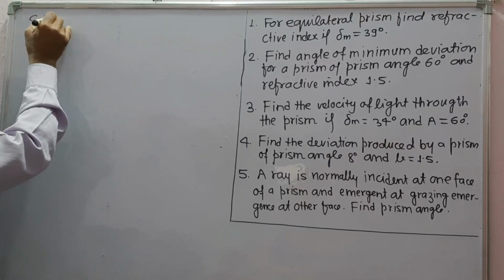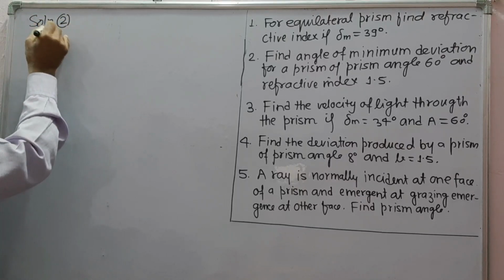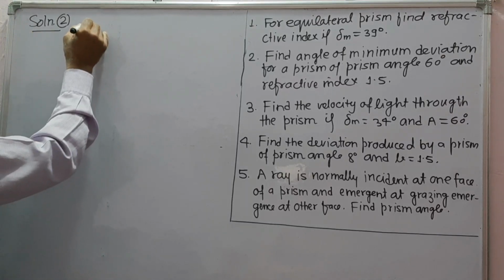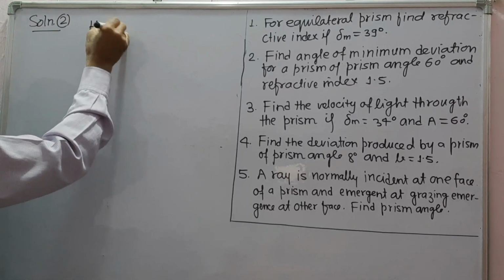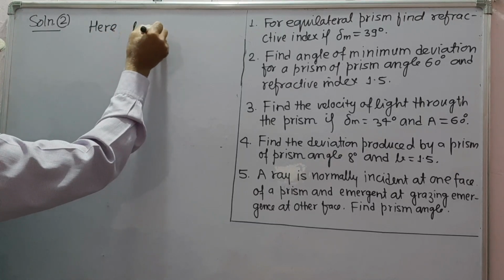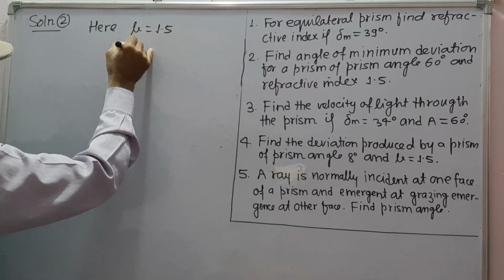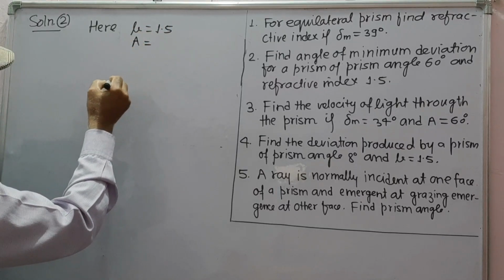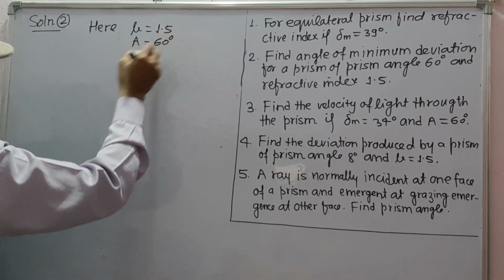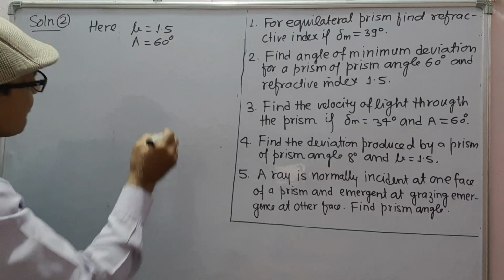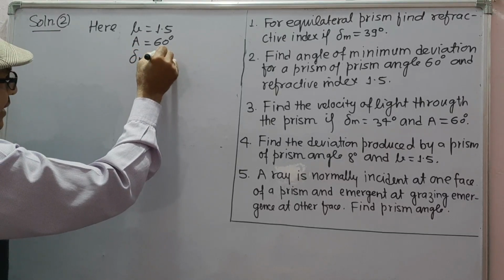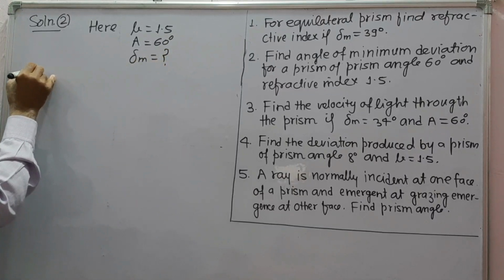Solution to question number 2. Here we have mu as 1.5 and prism angle A is 60 degree. We have to find angle of minimum deviation.